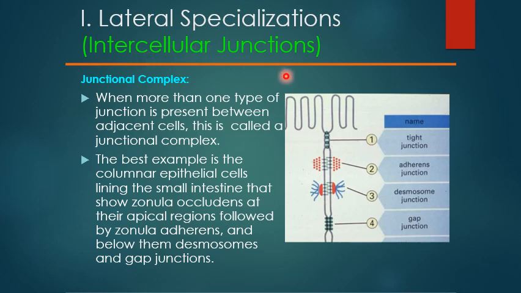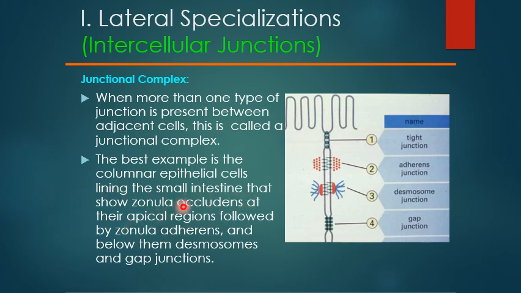Lateral specialization, I'm going to talk rapidly about it again. We have something called the junctional complex, meaning more than one junction present between two adjacent cells. The best example is the columnar cell lining the small intestine.